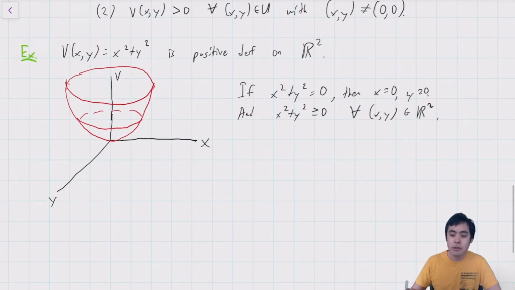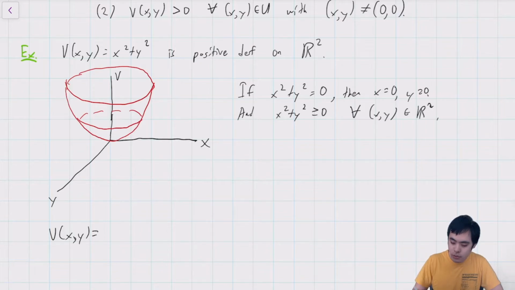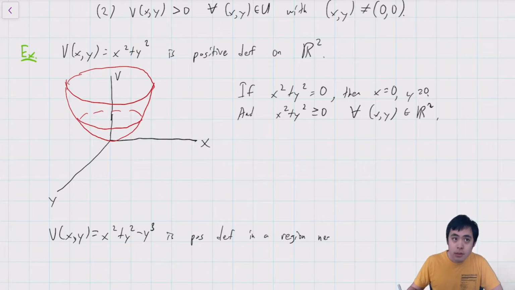And there are some other functions that aren't positive definite everywhere. So for example, V of (x, y) equal to x squared plus y squared minus y cubed is positive definite in a region near the x-axis.